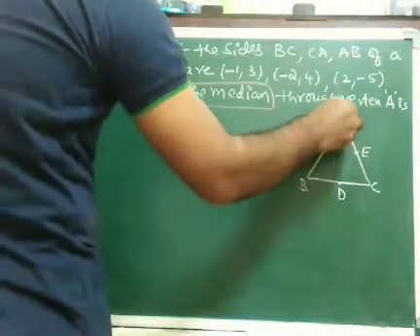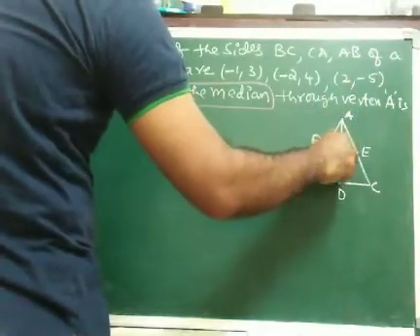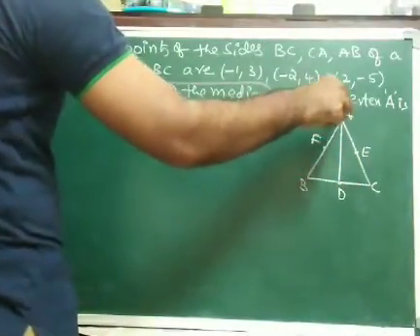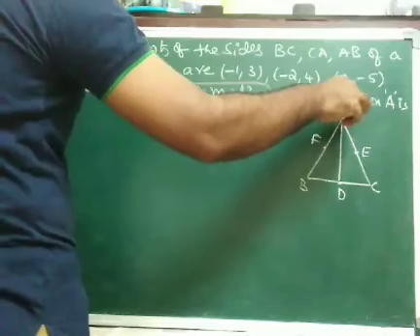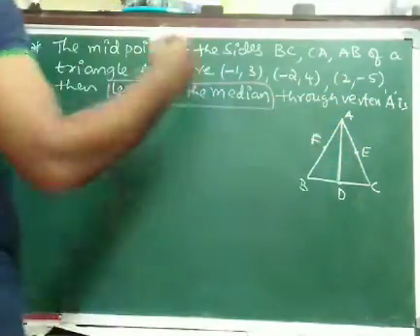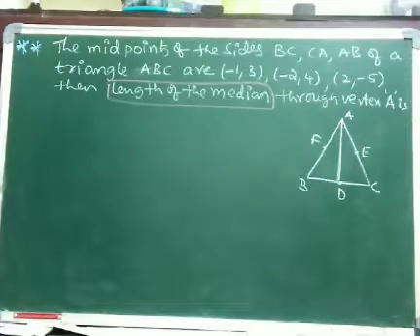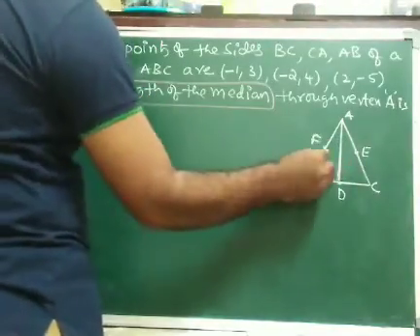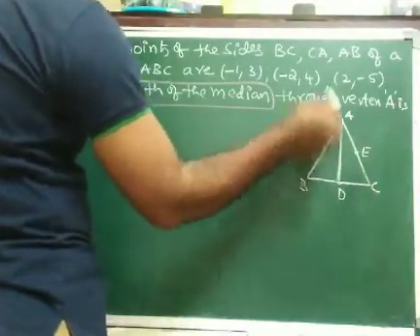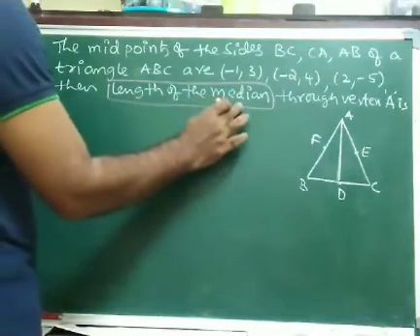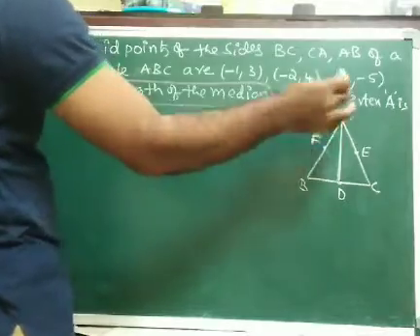The line joining a vertex to the midpoint of the opposite side is called a median. Hence here AD is one of the medians, BE is one more median and CF is the third median. But here we need to find the length of the median drawn through vertex A.